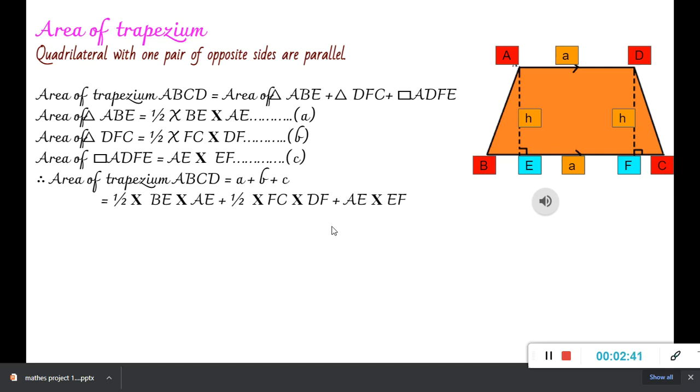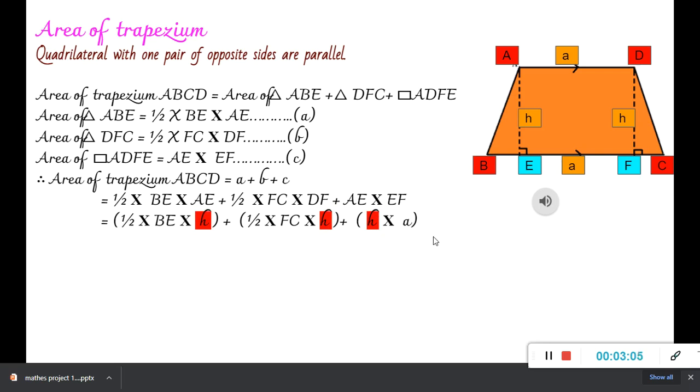Now you can see that AE is our height, so we give it the name H for height. Like that, FD, yeah, DF, we can also name H. So from this formula, we can shift the name to H. So here half into BE into H plus half into FC into H plus H into A.